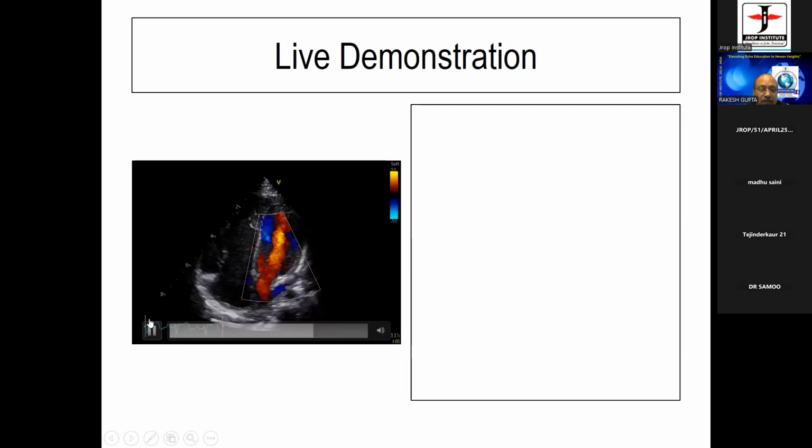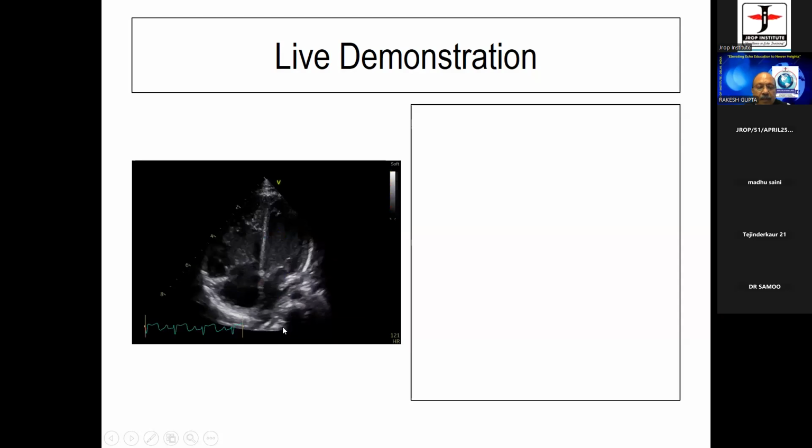If I freeze it for you, look, this is the hinge point of the mitral valve leaflets. This is the hinge point of the tricuspid valve leaflet. And normally there is a gap of 5 to 7 millimeters between the hinge point of tricuspid and the mitral.